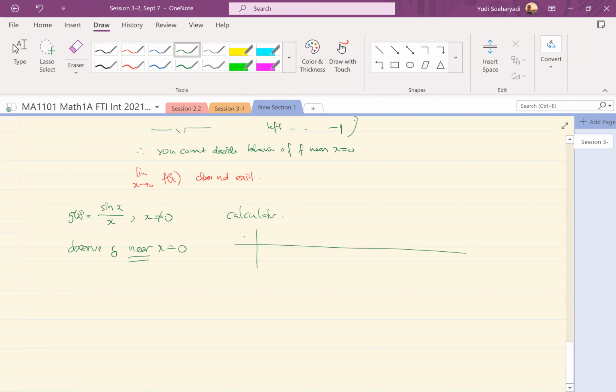So this is the value of x. This is the g of x. Okay, so sure is not 0.